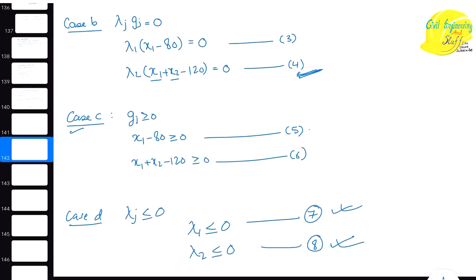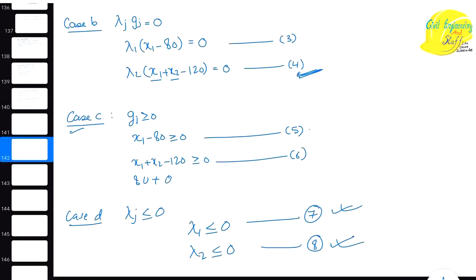Now in our equation x1 is 80, right? So 80 minus 80 is equal to 0, so condition number 5 is satisfied, and then we have 80 plus x2. What is the value of x2 that we have?